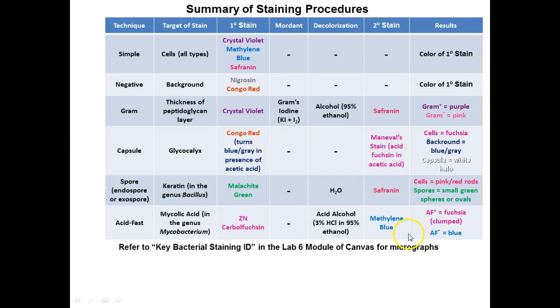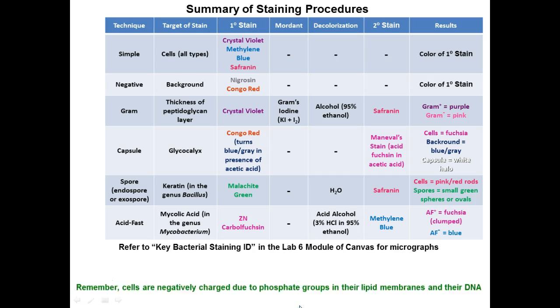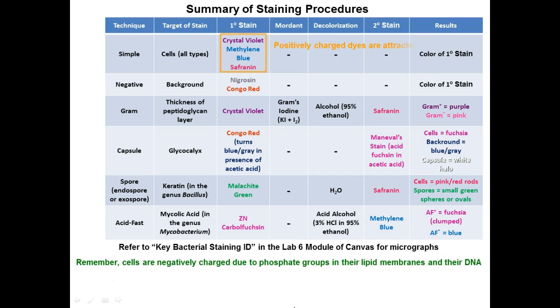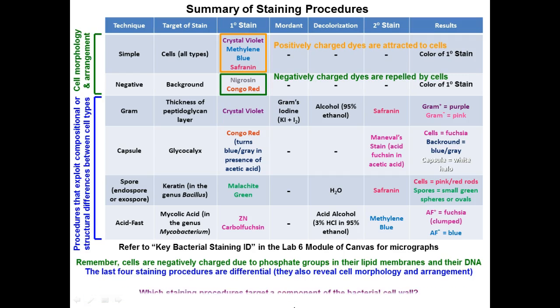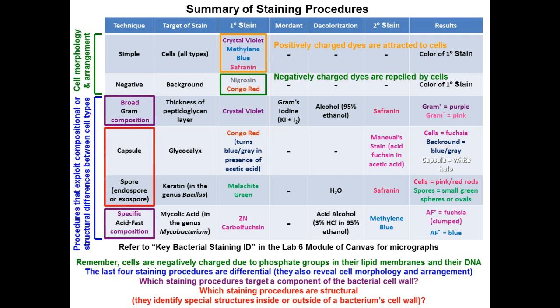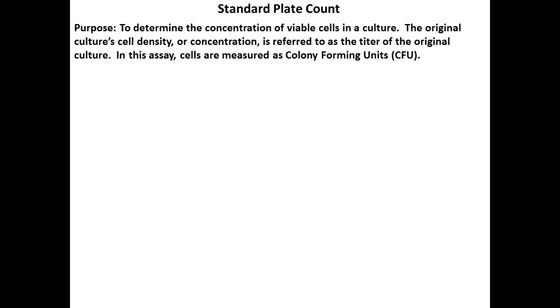So I'm not going to give this PowerPoint to you guys, but this is a good example, right? When you're studying, maybe generate yourself a table, right, of what the results should look like and what they tell you. It's more detail than I want to go into.